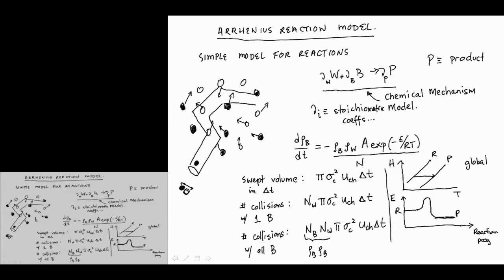So the thermodynamic energy difference, this is right here. This thermodynamic energy difference is the thing that we're observing globally. Over here, it's the energy difference between the reactant system and the product system at the same temperature.